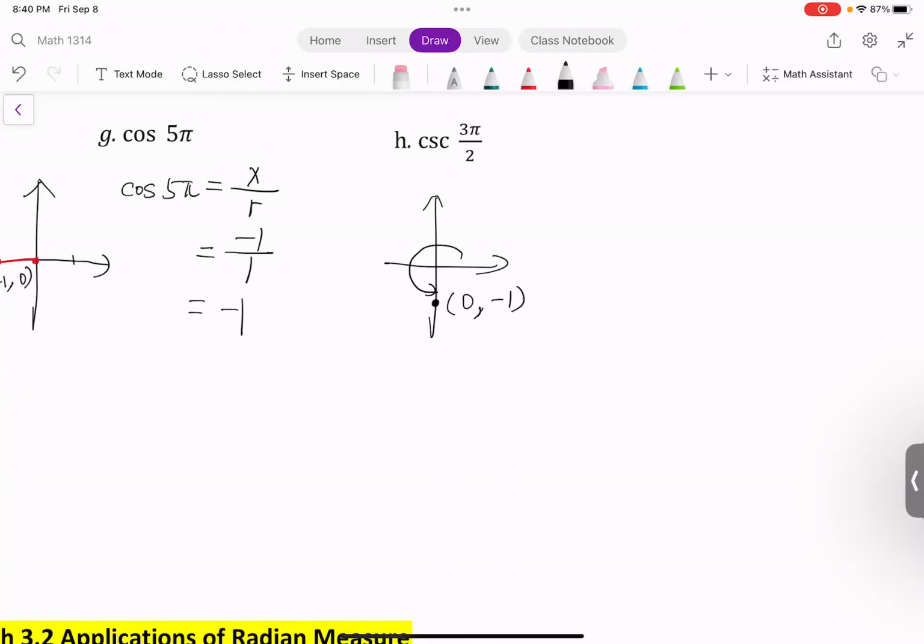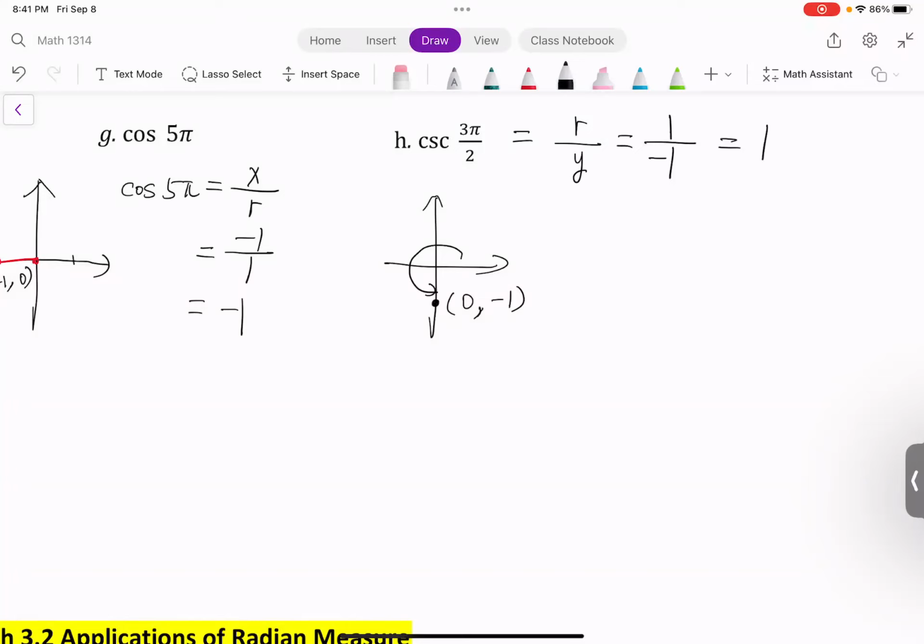Can you find cosecant? What is the reciprocal of cosecant? You can find the sine first. Or you say, I know that cosecant equals r over y. So r is 1 and y is -1, and the ratio is -1.